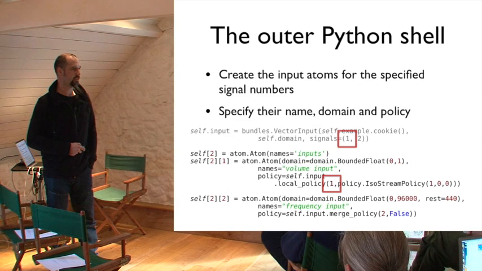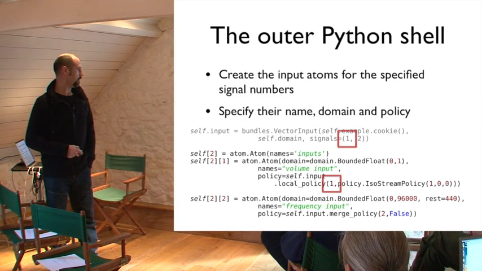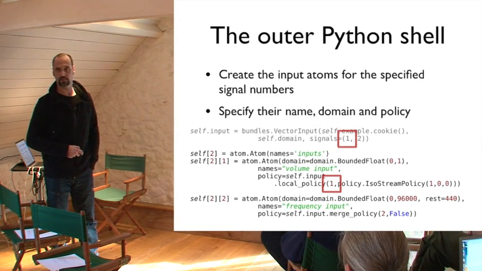You say which signals the input can actually carry, and these are the ones that are then set up by the policy. So the policy gets that also from the input. The policy is created with input being a factory, and you pass it in the signal number that will be relevant for that particular port.